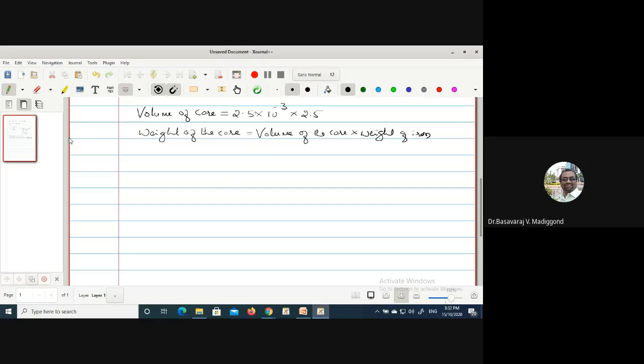Once you get the weight of the core, then you can easily find out the iron loss. So iron loss is equal to, see here, he has given: the iron loss at the working flux density is 2.6 watt per kg.